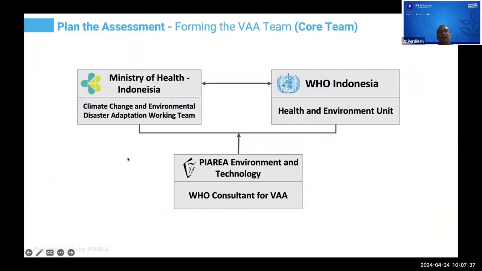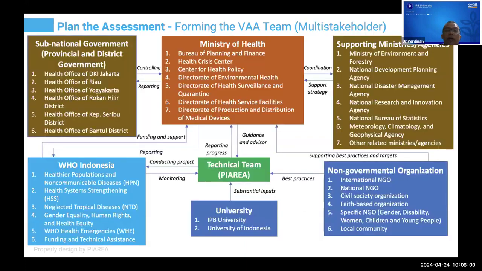The assessment starts by forming the VAA team, consisting of the Ministry of Health of Indonesia, particularly the Climate Change and Environmental Disaster Adaptation Working Team, WHO Indonesia, Health and Environment Unit, and PRA Environment and Technology as a WHO consultant for the VAA to help with the work.